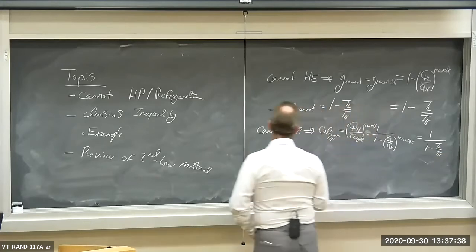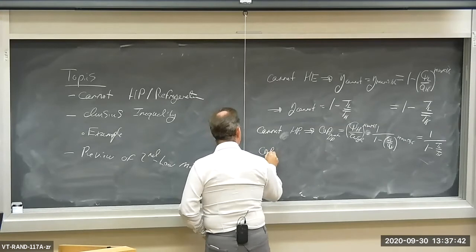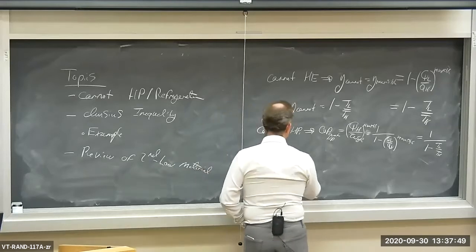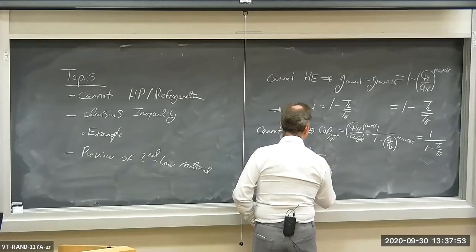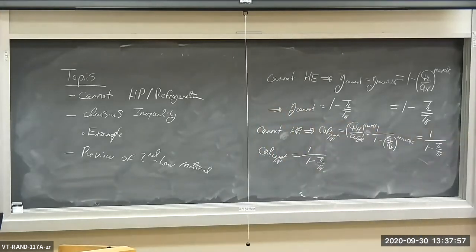So the COP for the Carnot heat pump is equal to 1 over 1 minus TL over TH. I will leave it to you to develop the expression for the Carnot refrigerator.